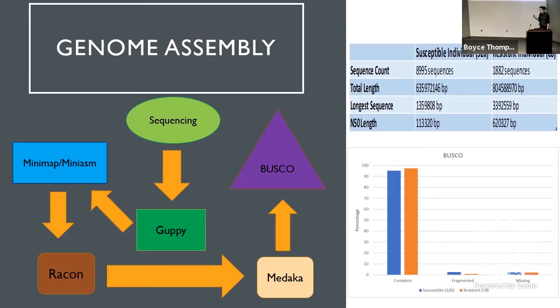So as you guys can see in the BUSCO report, the complete BUSCOs we retrieved was more than 90%, which means our genome assembly was pretty successful into doing what we wanted. And the fragmented and missing, which are the bad parts, were really insignificant, which means we retrieved a really successful genome assembly.